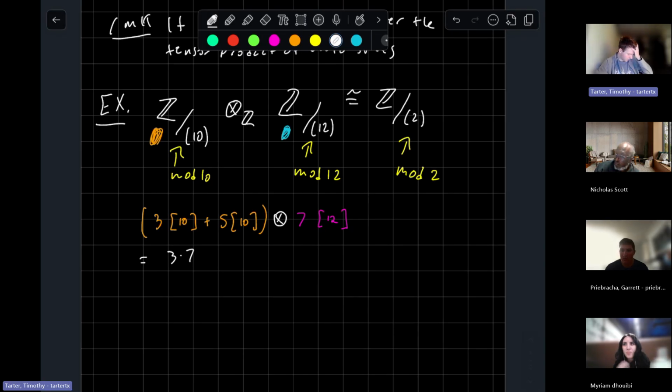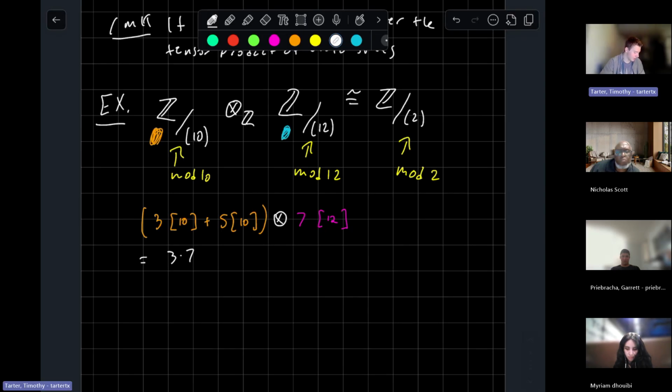Okay, so it's Z mod GCD of A and B. That's how it's defined.